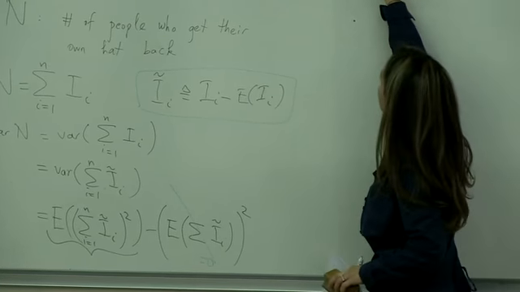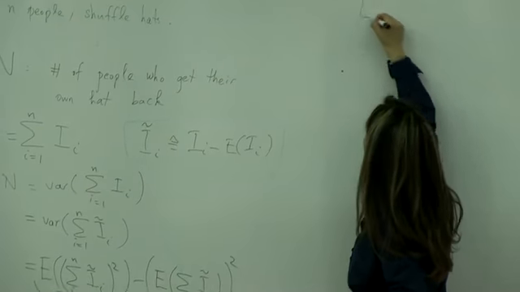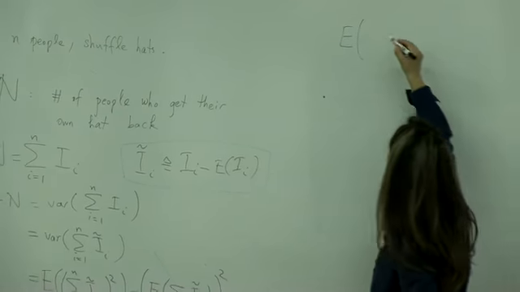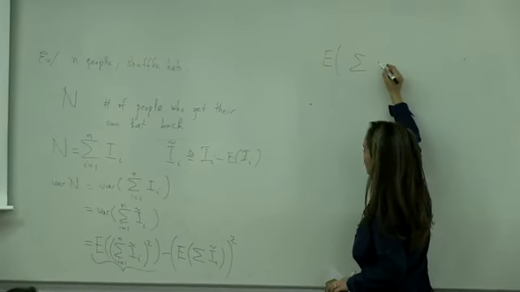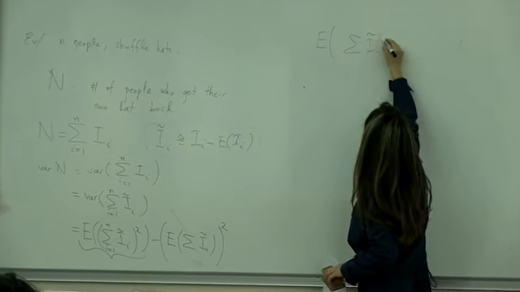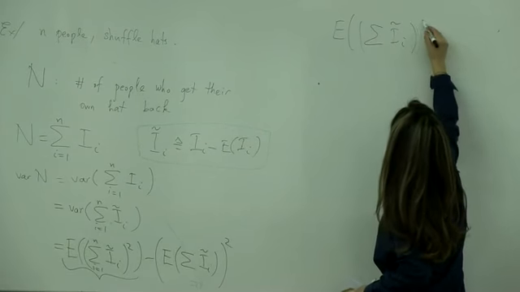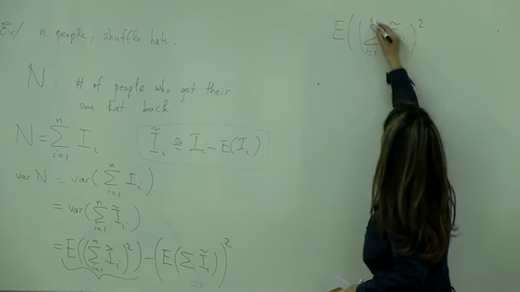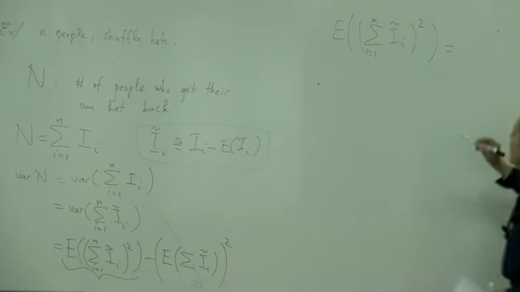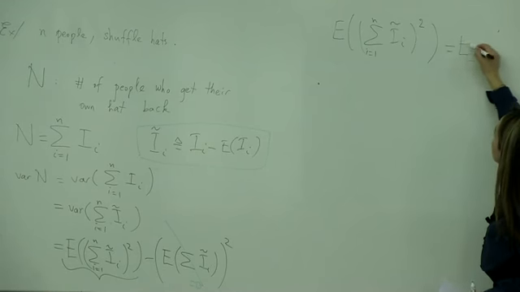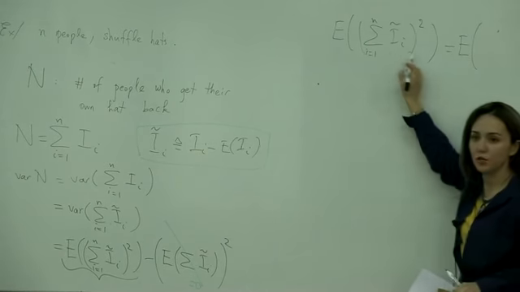I need the expectation of the square of the sum of I tildes. Okay, let's keep the expectation and let's take the square.